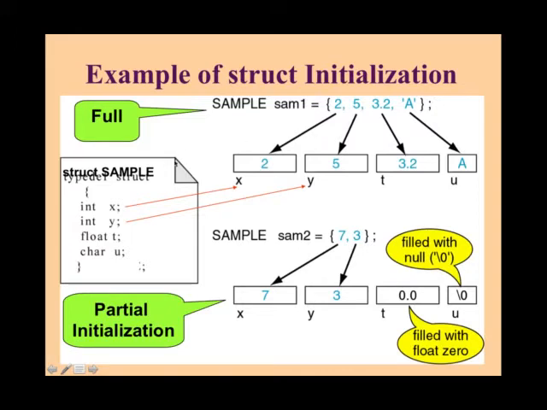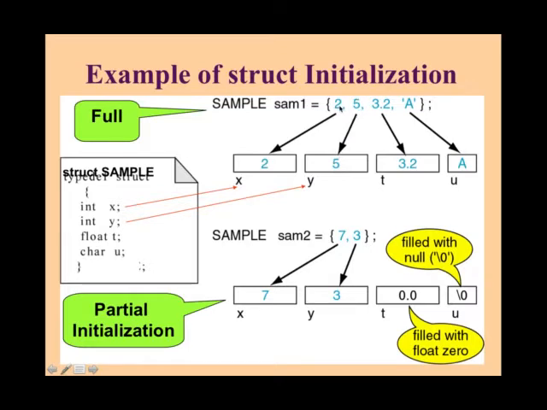Okay, here, this is the struct, typedef struct sample. Okay, so forget about typedef, I did struct sample. Okay, if you do typedef, then sample will go here, which is missing here. Okay, and then if I say sample sam, there's x, y, t, and u, int, float, and character.